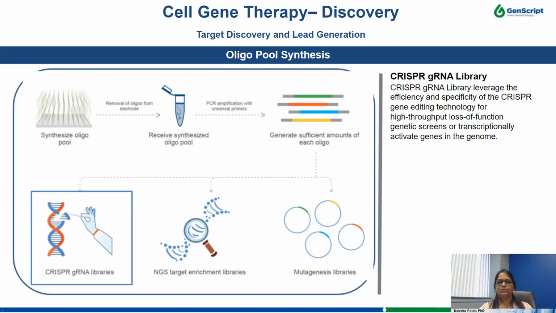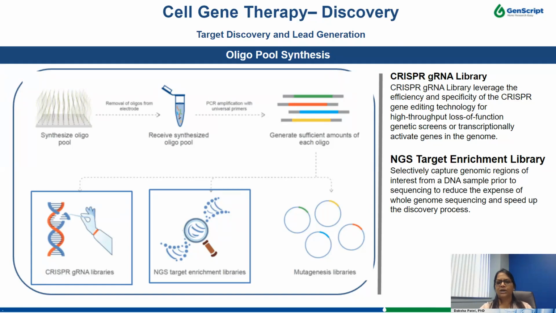This oligo pool can be used to construct various library types. One of them is the CRISPR gRNA library. This fully customized, ready-to-use gRNA library helps high throughput screening, including loss of function genetic screens or transcriptional activation gene screening. It also helps to understand the difficulties, efficiency and specificity during CRISPR gene editing. Another one is the NGS target enrichment library, which helps to detect mutations and variants in genomic DNA occurring within the tumor and its microenvironment.